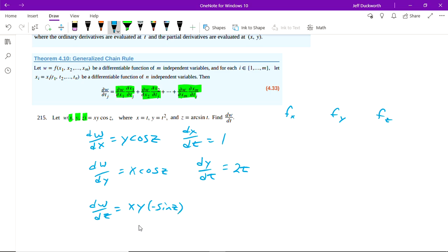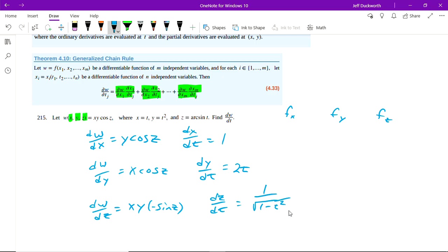Well, I'll do that when I multiply. And finally, dz dt. All right, well, this one is different. So the derivative of arc sine of t would be 1 over root 1 minus t squared.